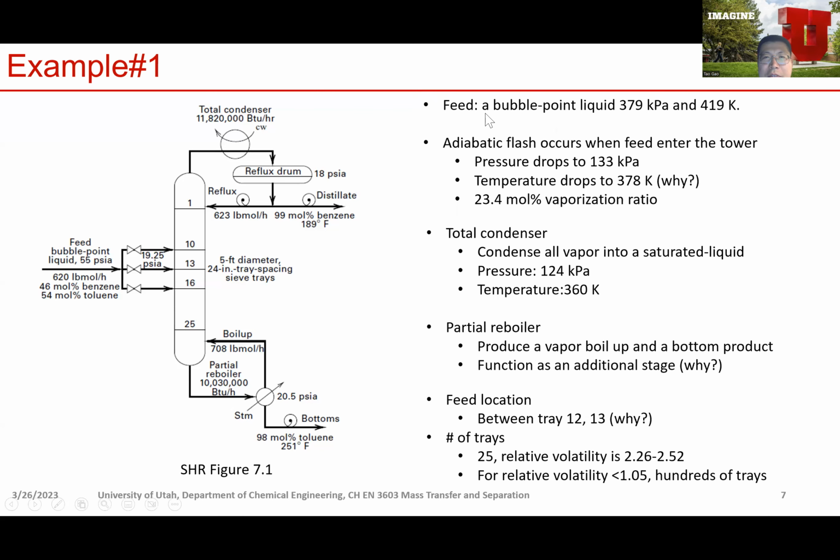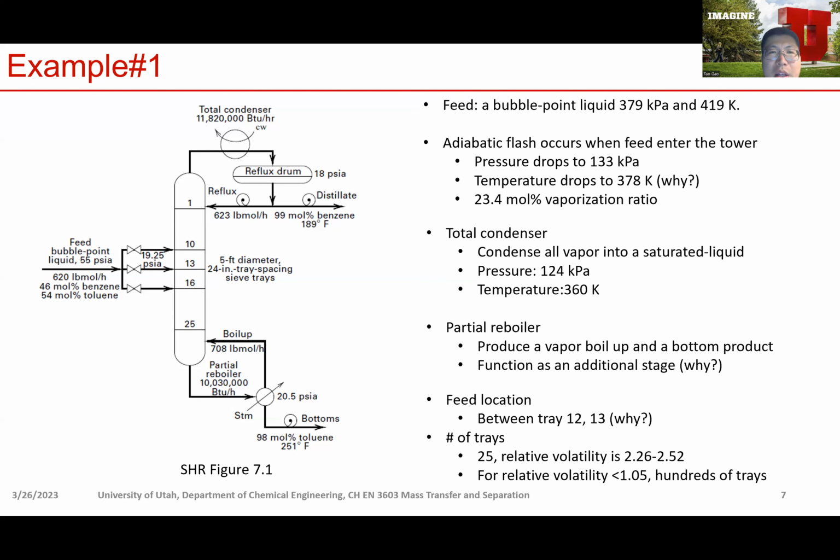So here we have a feed that's at a bubble point liquid, so it's a pure liquid. When it enters the tower, it will undergo an adiabatic flash process and produce vapor.